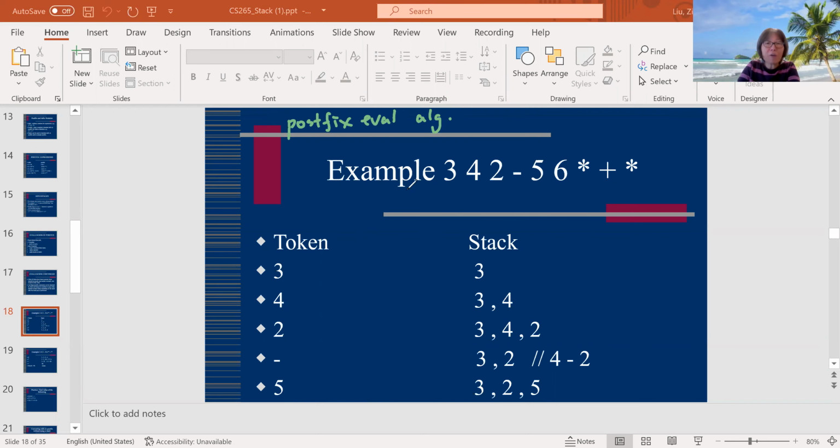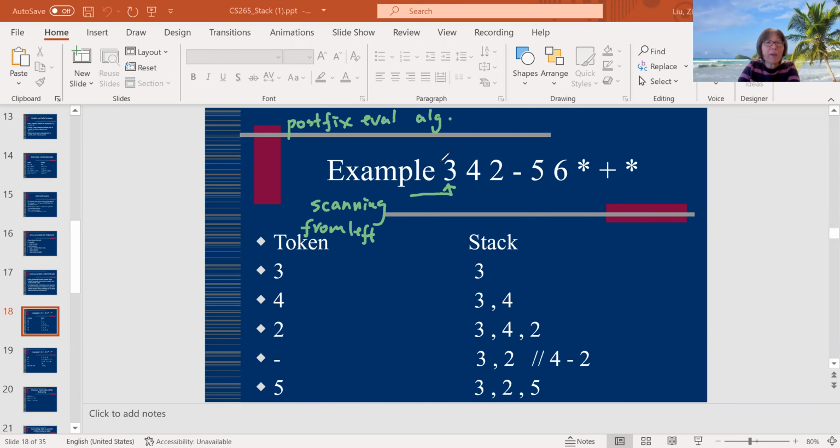For this algorithm, normally you have an input string. Then we can start scanning from left.